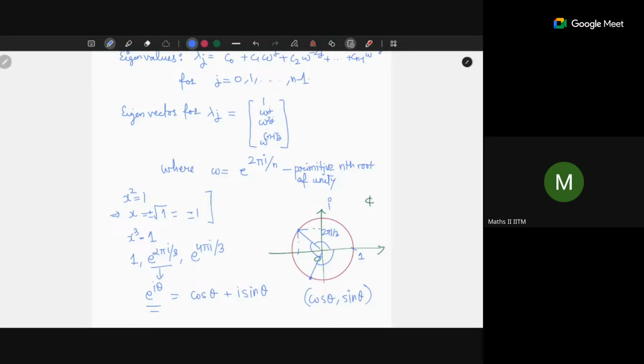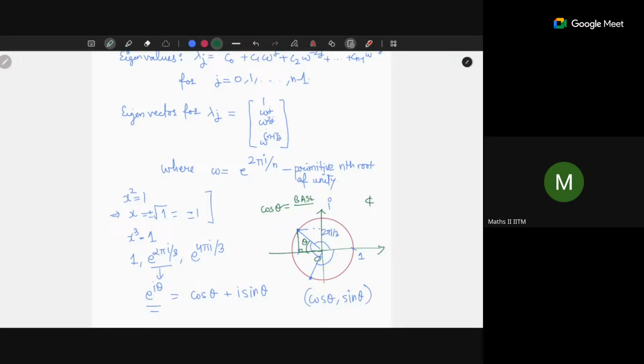How do we calculate this? Why is it called cos theta, and why sin theta? It is simple trigonometry. If you look at this angle, let's say theta, then this is a 90 degree angle. Cos theta is the base divided by the hypotenuse.